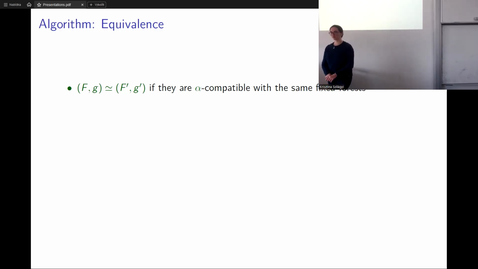So we say that two fixed forests are equivalent if they are alpha compatible with the same fixed forests. And equivalent basically means that we can just replace one by the other and we don't lose any information.